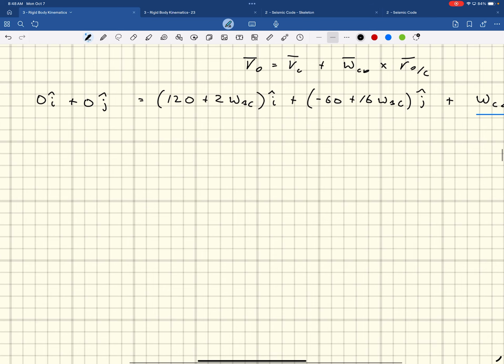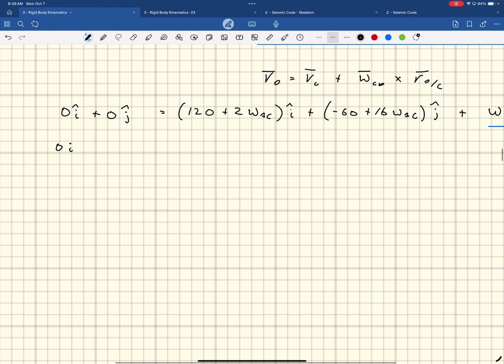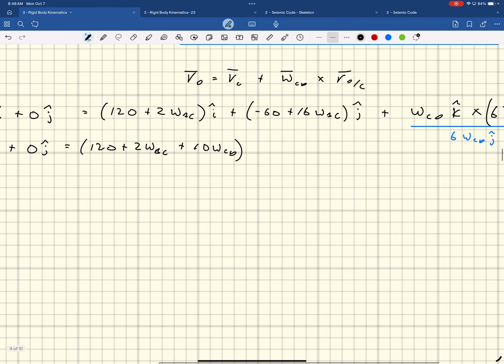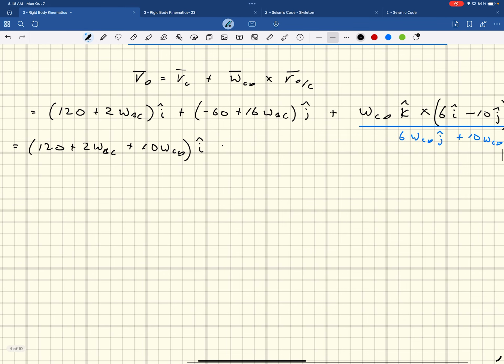Okay, so let's do that. 0 in the I plus 0 in the J is equal to 120 plus 2 omega BC plus 10 omega CD, all of that in the I direction, plus negative 60 plus 16 omega BC plus 6 omega CD, all of that in the J direction.